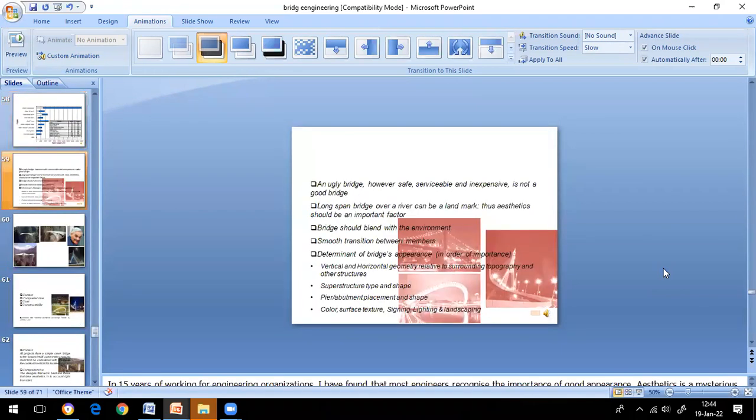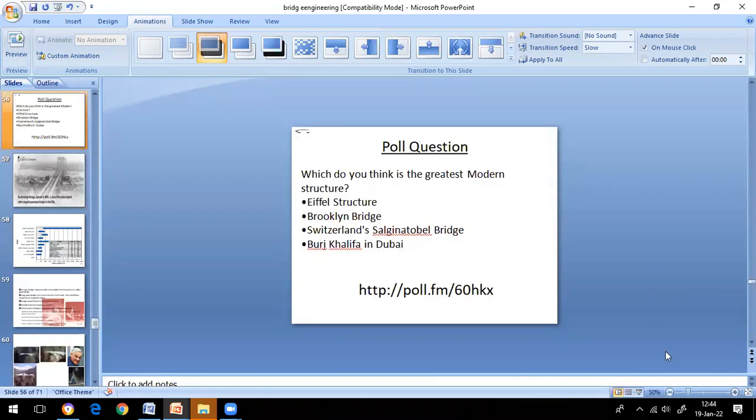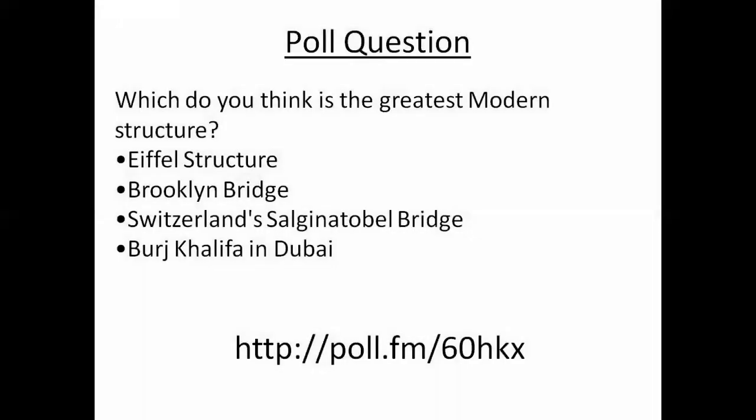Yeah, there is a small poll question. If anyone can answer this question, please answer. Which do you think is the greatest modern structure? Is it the Eiffel Tower, or Brooklyn Bridge, or Switzerland's bridge, or Burj Khalifa in Dubai? Guys, please respond.